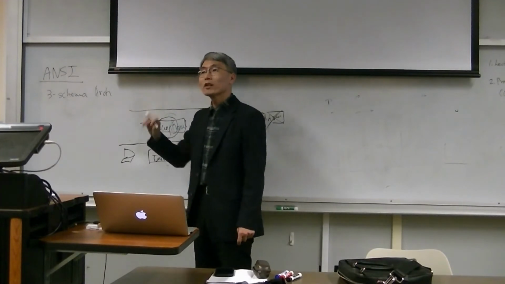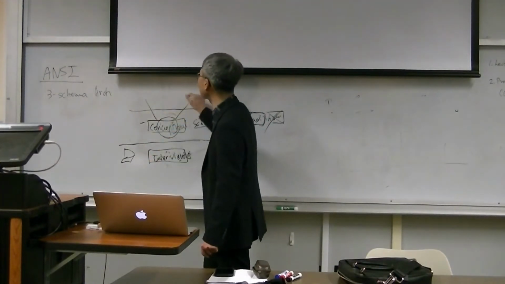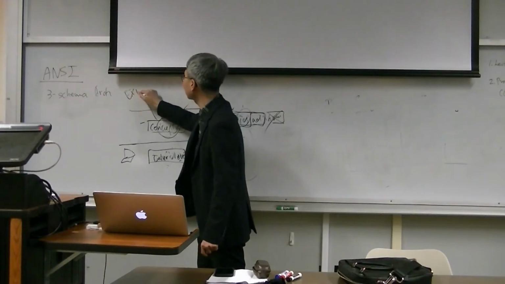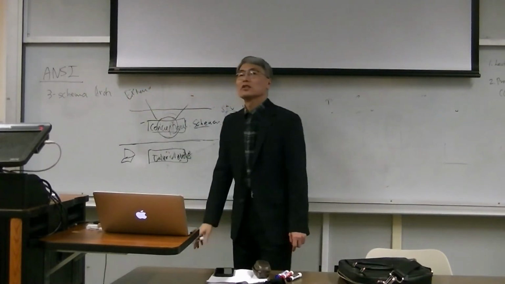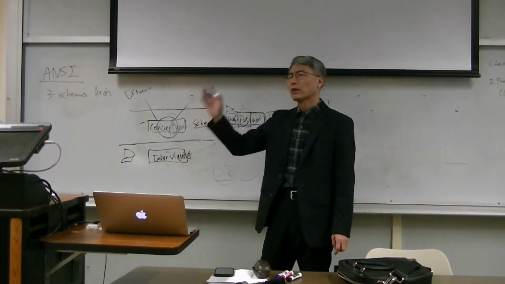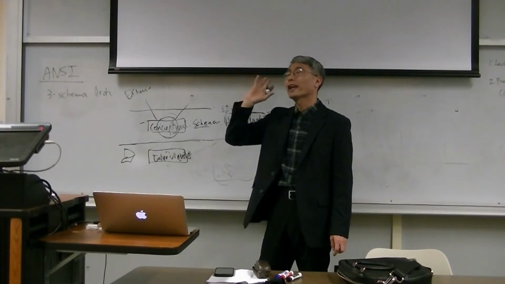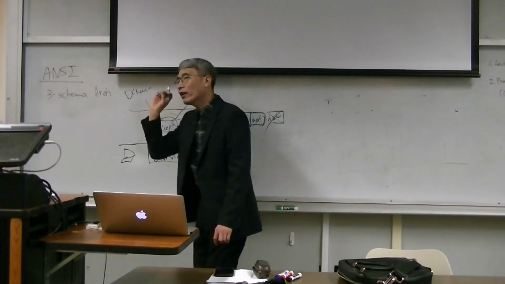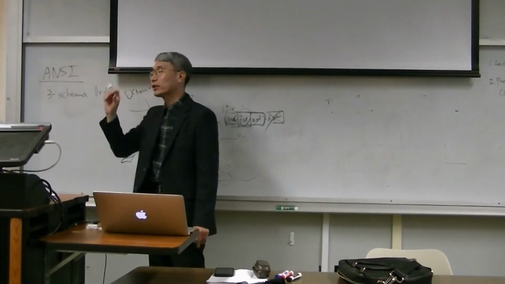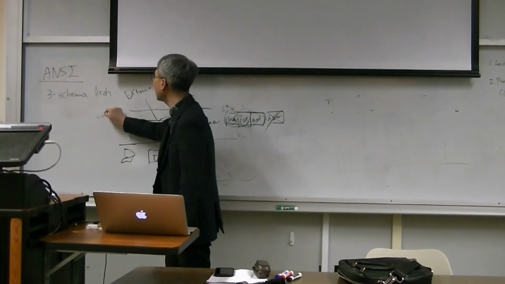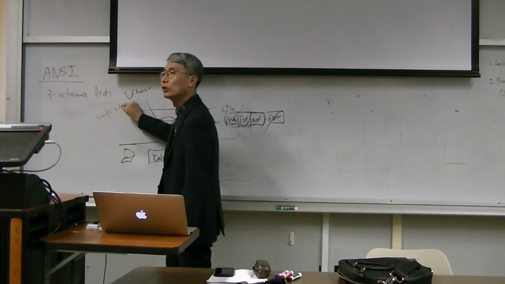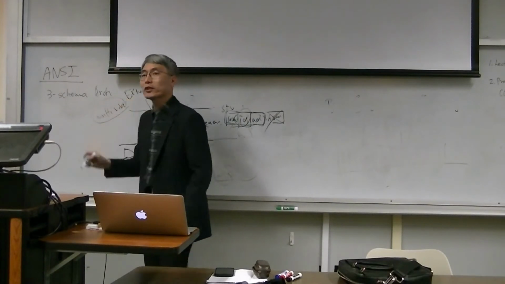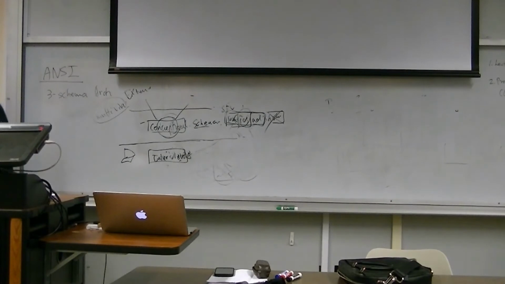The last one is the external view. The external schema relates to the characteristic of the database system we discussed last week: the multi-view characteristic. In the university system, student information is needed everywhere.